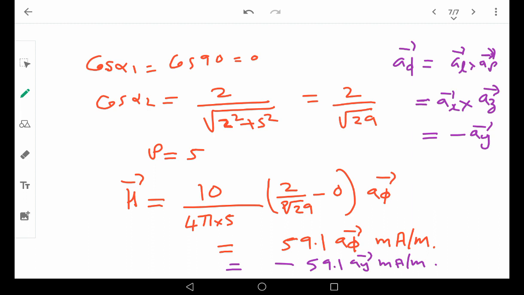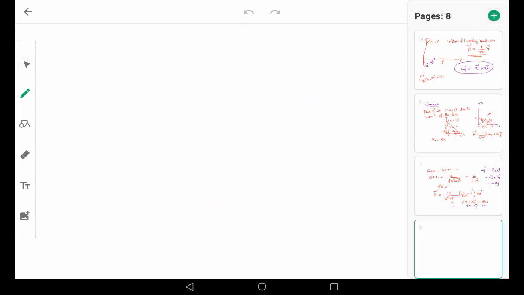So that's the way how you will do the problem for this current element case. I will introduce you to one more particular concept called Ampere's circuit law, and with that I will conclude this lecture.